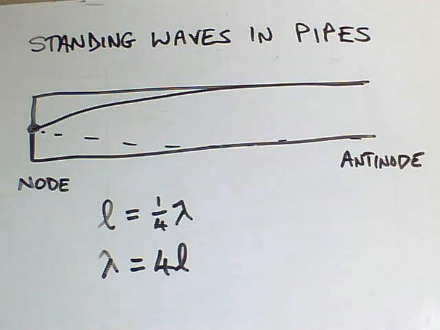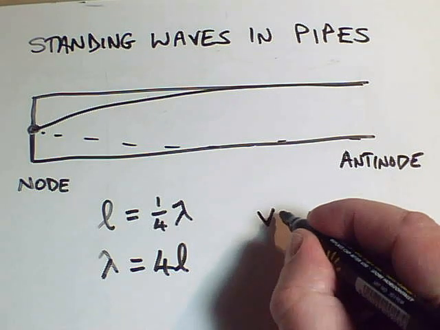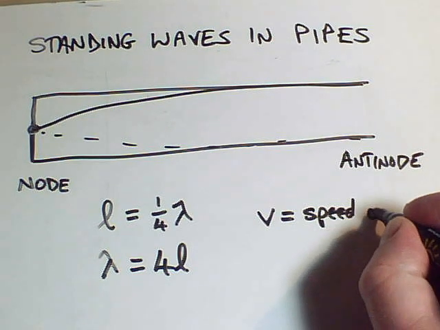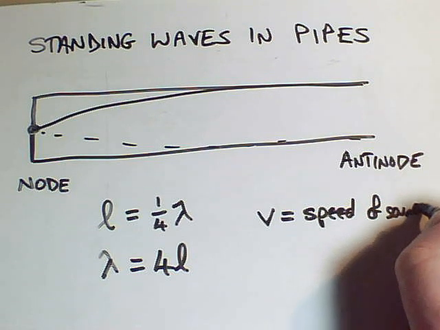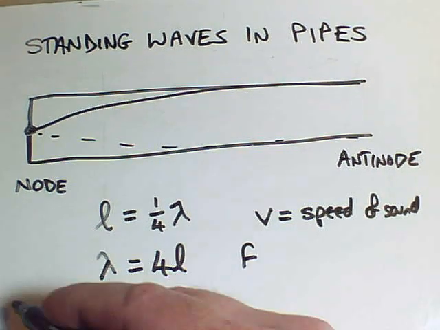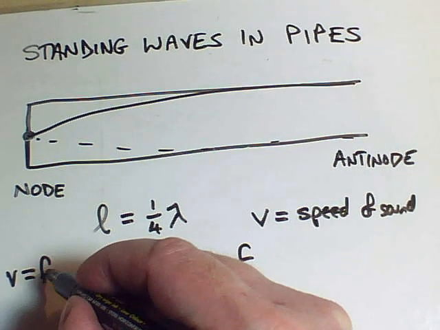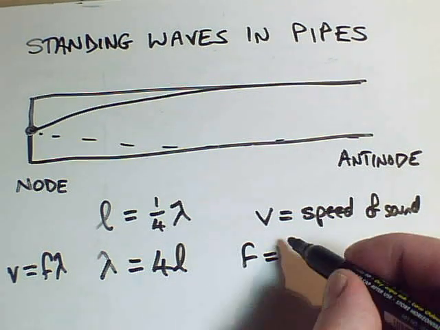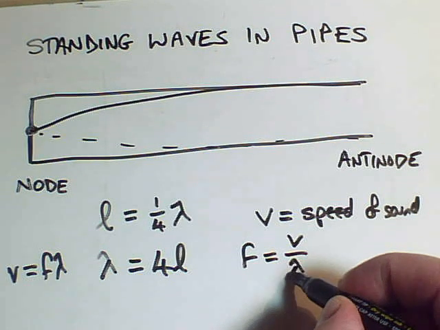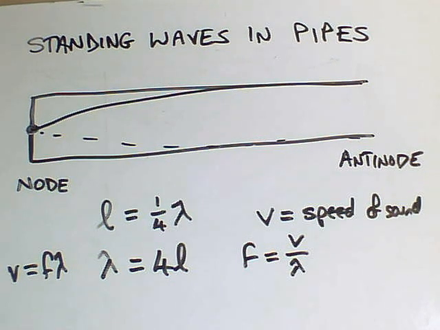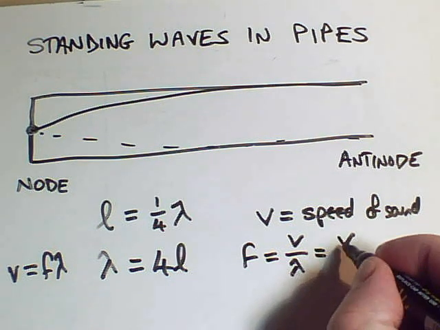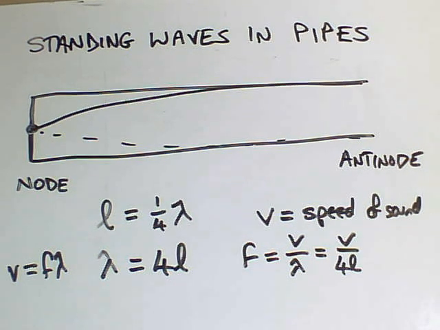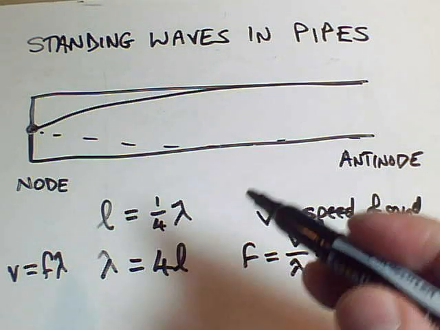If v is the speed of sound, then remember v equals f lambda, so frequency is v divided by lambda, which is the speed of sound divided by 4L. That's again my fundamental.